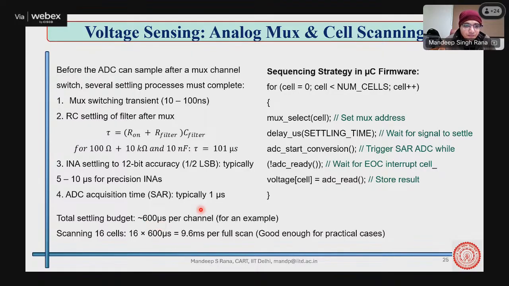Now, if you take this much time to read, and if you are scanning through 16 such cells data-wise, it takes a lot of time for you to go through.